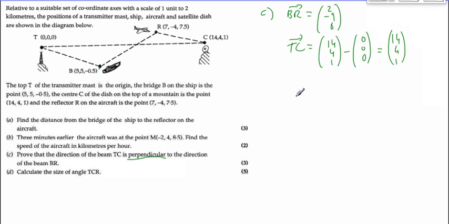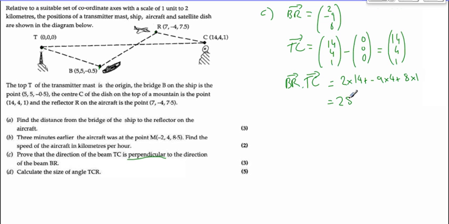Now you want to show that it is perpendicular. We need the dot product to be 0 if it's perpendicular. If we're not getting the dot product to 0, and the question's suggesting that it is, we know we made a mistake. So 2 times 14, add minus 9 times 4, add 8 times 1.